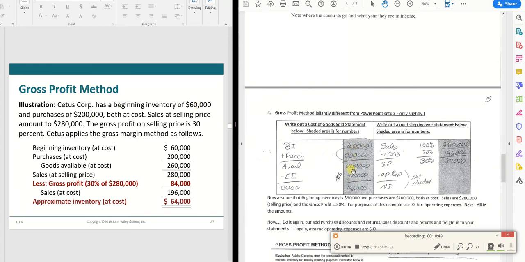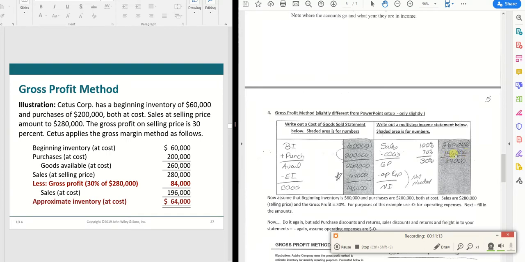That gives me available of 800. So I've got these three. And I know that selling price is 280. And I know my gross profit percentage is 30%. So it's 30% of selling price. So if sales are 100%, gross profit is 30% of the selling price, which makes it 84,000, which makes your cost of goods sold 196,000.